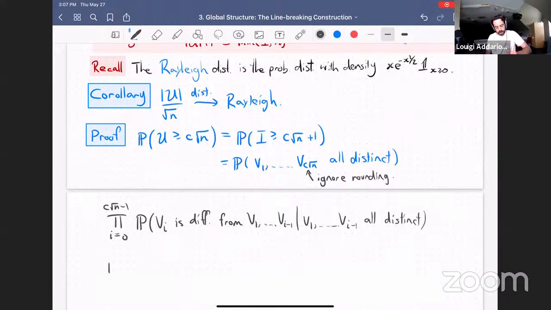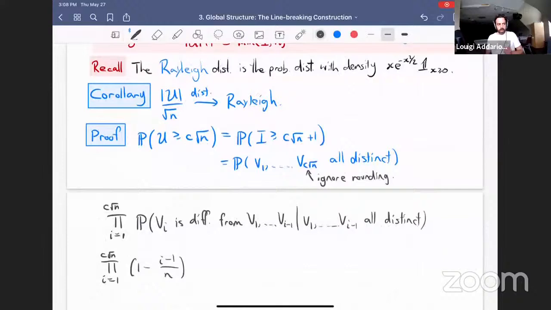And that's just asking for a random sample from 1 up to n to avoid i minus 1 particular values. So we can write that as a product, from i equals 1 to c root n, of 1 minus (i minus 1) over n.